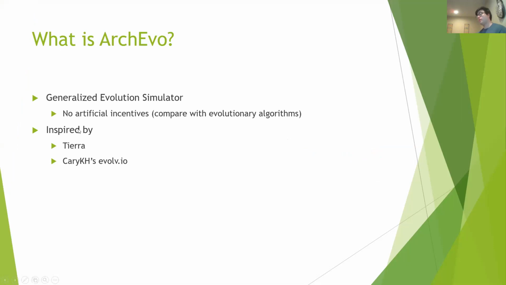It has no artificial incentives, which can be compared with evolutionary algorithms, which you may have heard of before. It was inspired by Tierra, Carykh's Evolvio, and another one that I forgot to put on there, Nanopond, by Adam Ierymenko, which is very cool.